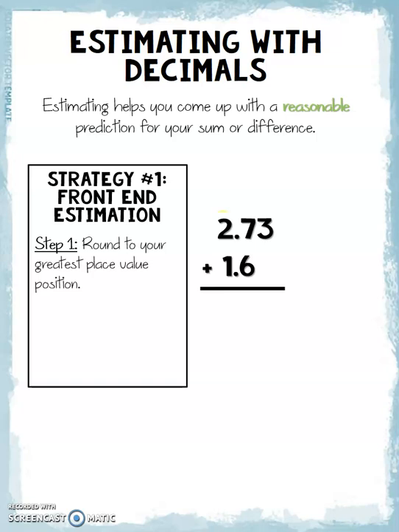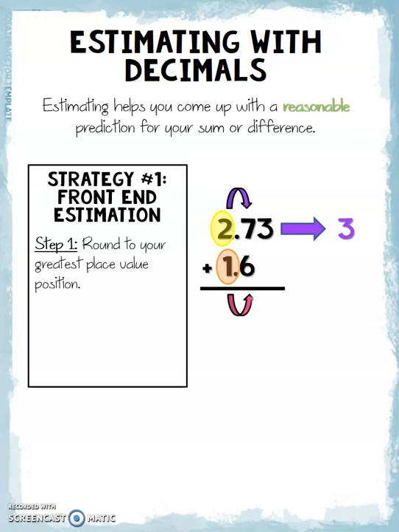So I'll start by looking at the 2 in 2 and 73 hundredths, and in order to round that, I have to look at the digit exactly to the right of it. That 7 tells me I need to round the 2 up. So 2 and 73 hundredths rounded to the nearest 1 is going to be 3. I'll do the same thing with 1 and 6 tenths. So the 1 is in the greatest place value position.